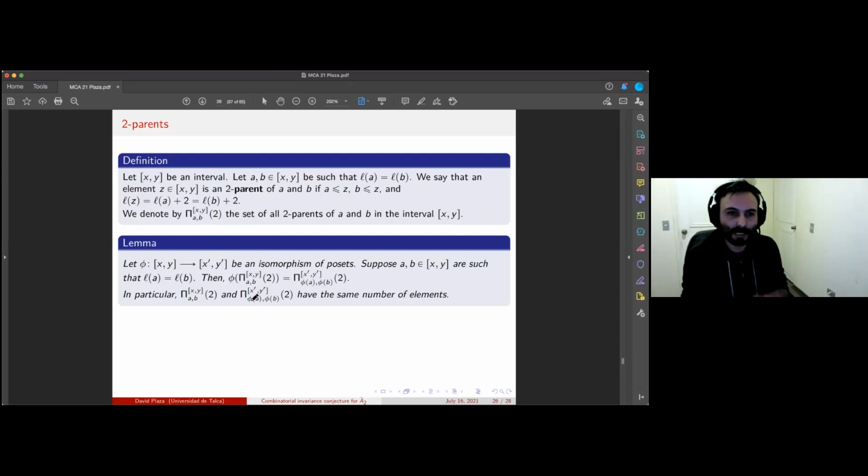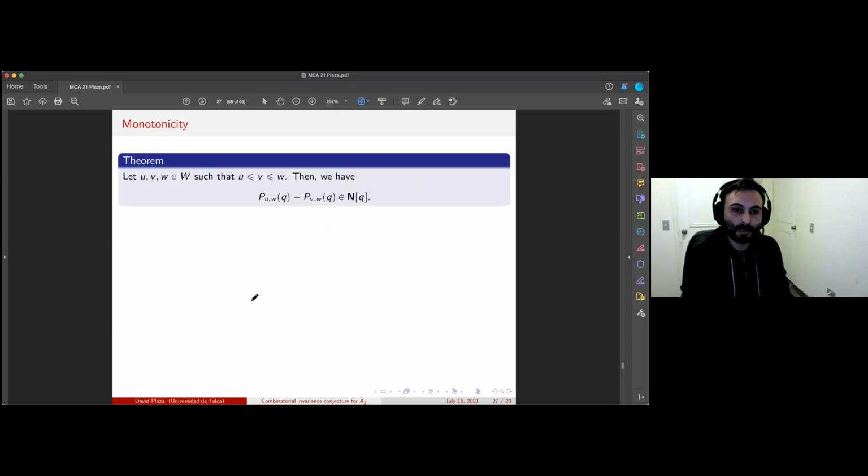So we have two poset invariants, the set invariant and the two-parents, and together with the monotonicity property for Kazhdan-Lusztig polynomials, which claims that if we have three elements u, v, and w, such that u is less than or equal to v and v is less than or equal to w, then this difference of Kazhdan-Lusztig polynomials must have non-negative coefficients.